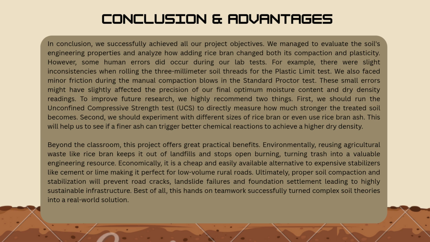Ultimately, proper soil compaction and stabilization will prevent road cracking, landslide failure, and foundation settlement, leading to highly sustainable infrastructure. Best of all, this hands-on teamwork successfully turned complex soil theories into a real-world solution.